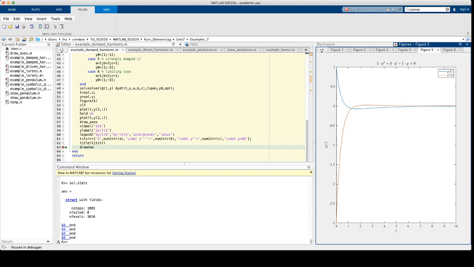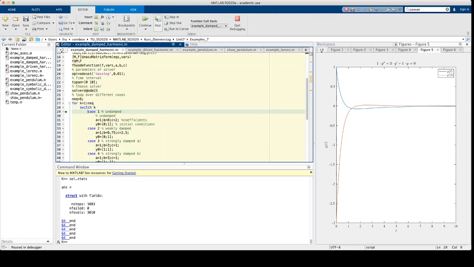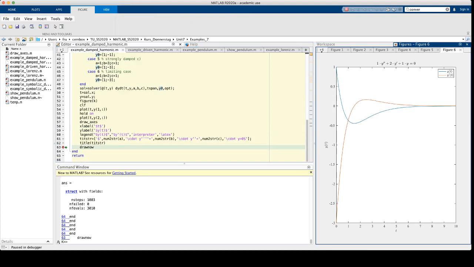And finally, we have the limiting case between weak and strong damping. In this case, we have b squared equals 4ac. So this is a limiting case, and this is the form of the solution.